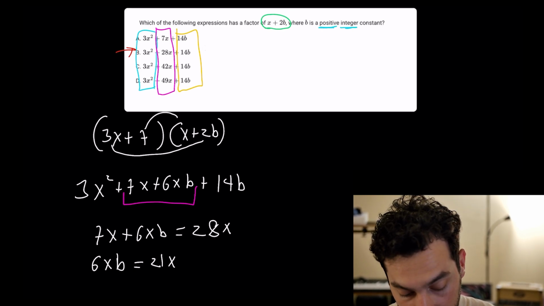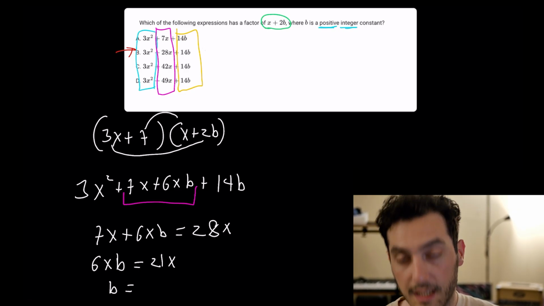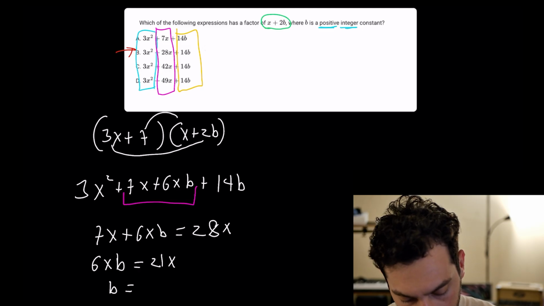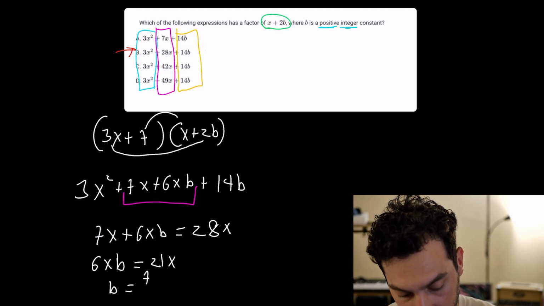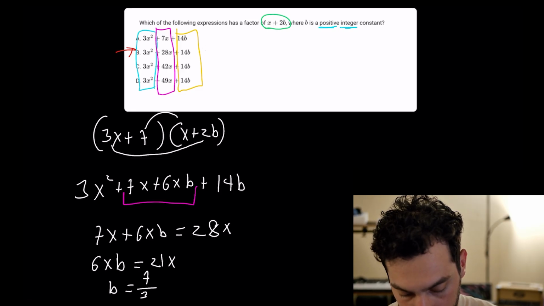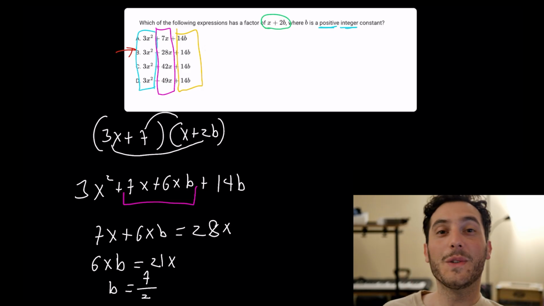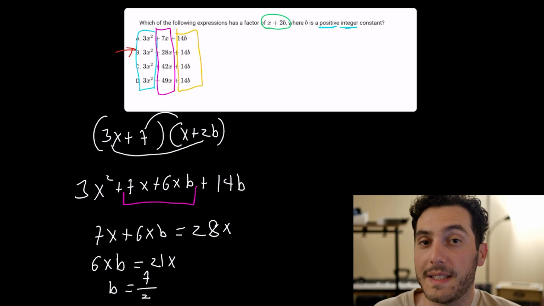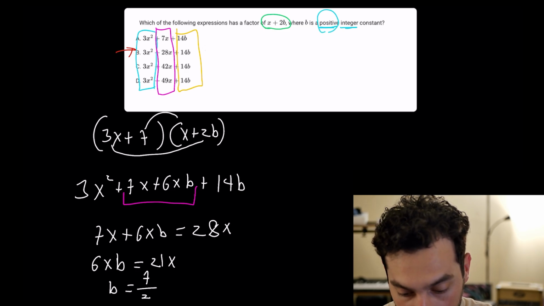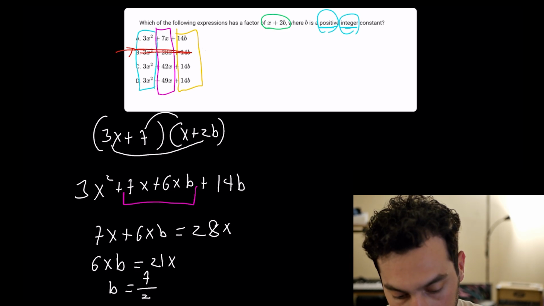Then we divide both sides by 6x, and we get b equals 21 over 6. That simplifies down, taking 3 from both, to 7 over 2. 7 over 2 is a nice answer. Is that our answer? Well, 7 over 2 is not a positive integer. So answer choice B is not our answer.